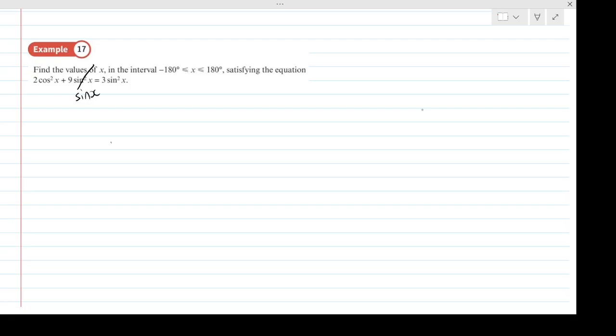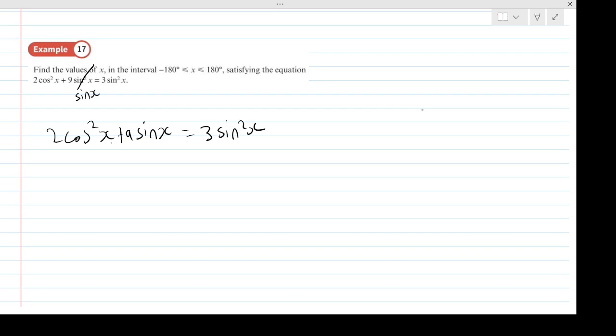So we had the equation 2 cos squared x plus 9 sine of x, not sine squared, plus sine of x equals 3 sine squared x, okay? Correction there, the textbook writes the question wrong. I did check the working and the textbook answer. That's the correction there, okay? So this is the equation we need to solve.